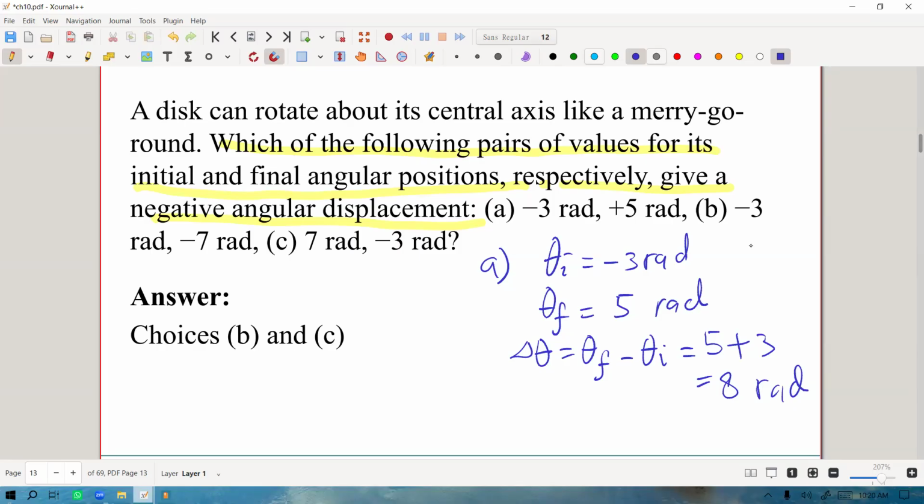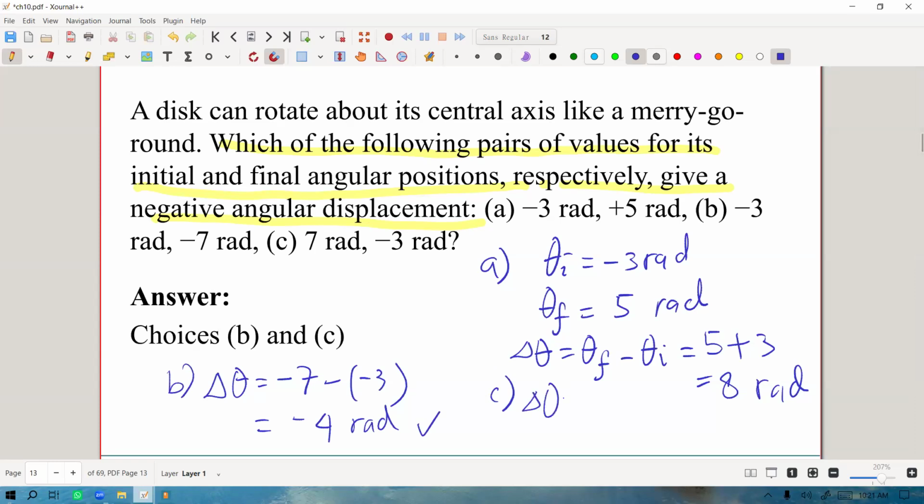But for point B, minus 3 to minus 7. So delta theta is minus 7 minus minus 3. So it is minus 4. So here negative. Also for point C, 7 to minus 3.